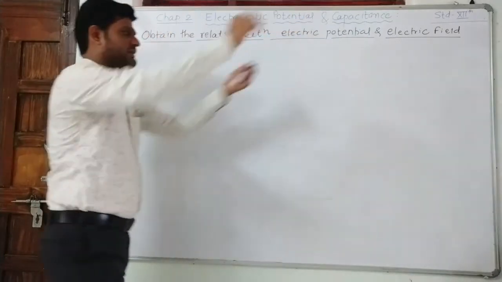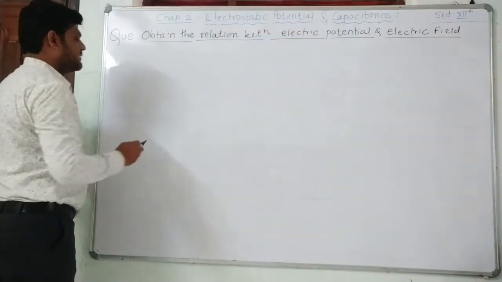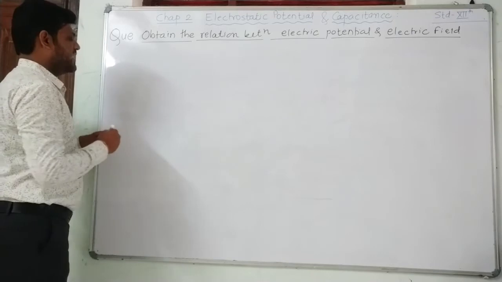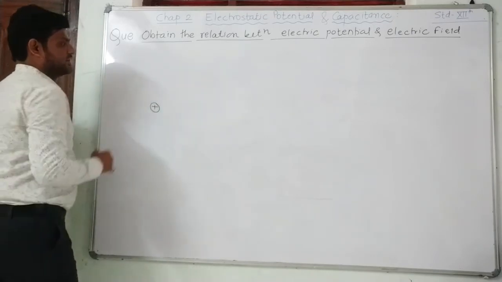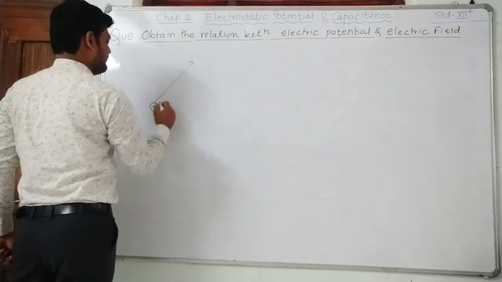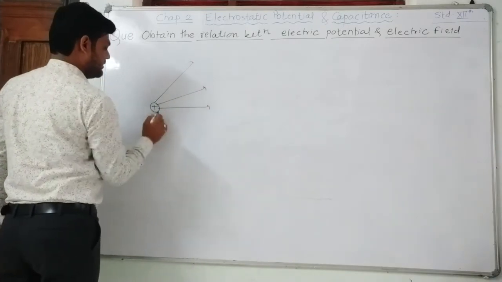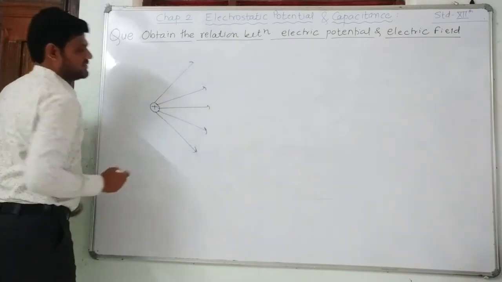See, it's very simple. Look at the board. Suppose we have a plus Q charge. Due to the charge, the electric field lines are there in all directions, right?